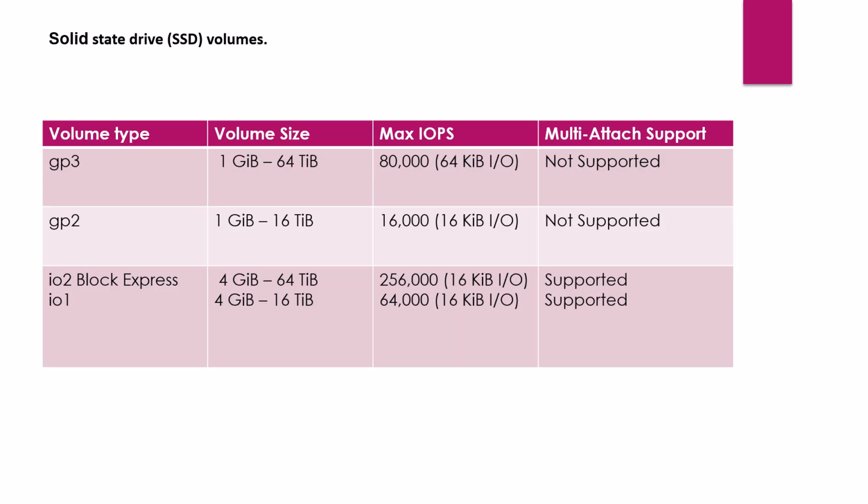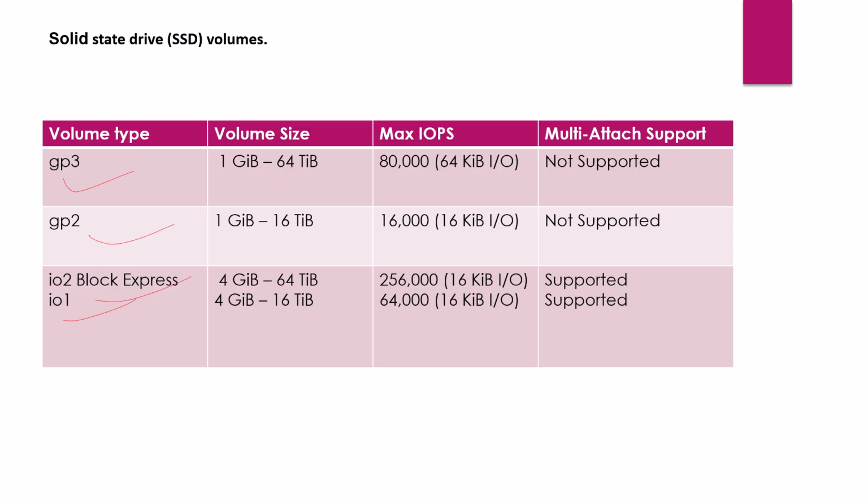So the next question in our mind when we are creating an EBS volume is what type of volume we can select, the volume size, and maximum IOPS. These are some interview questions. Generally we have GP3, GP2, IO2, IO1.